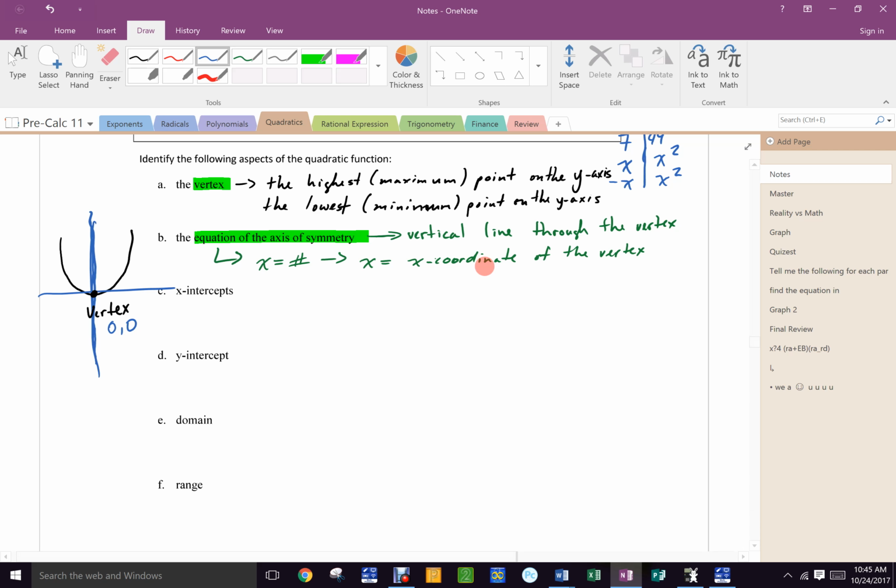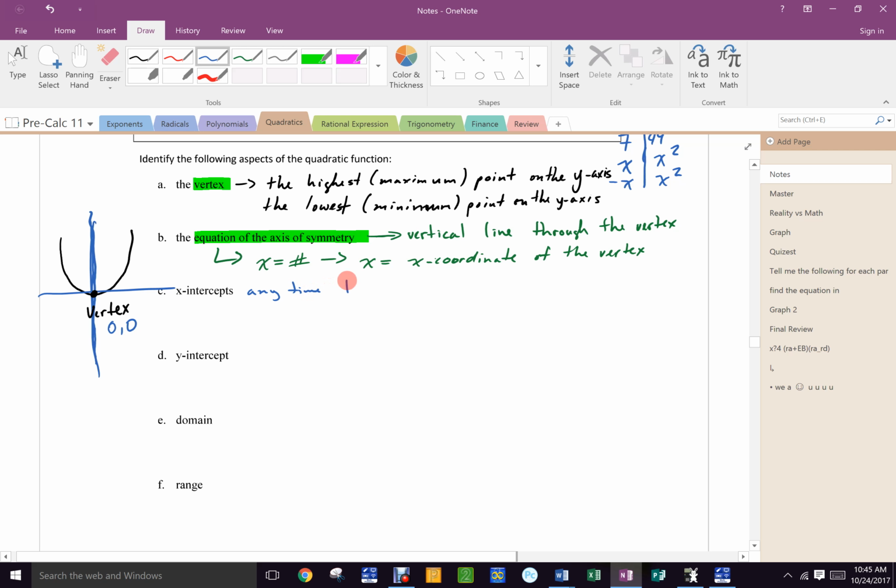Okay, what are x-intercepts? What are they in regular English, and what do they mean? What is an x-intercept? In regular English. Sophie. Right.